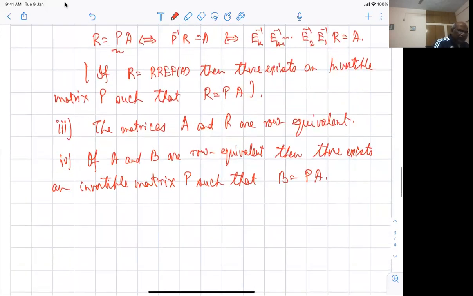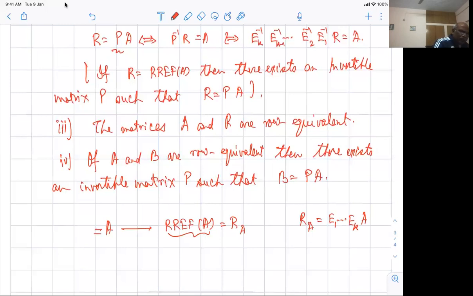The other way to understand is that from A, I can go to RREF of A. Fine, suppose this is R sub A, then I know that R of A I can obtain through some elementary matrices E1 to Ek, fine, times A. I know that A is row equivalent to B. So if I look at B, B will be some elementary matrices F1, F2, Fl times R. I'll get it this way, fine.